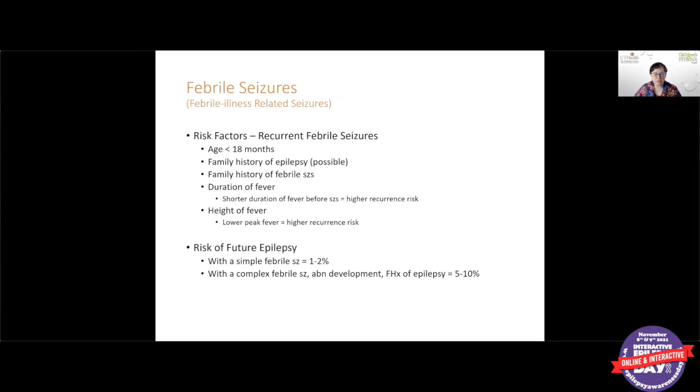And so in terms of what that means later in life for that child, there's a risk of future epilepsy when you've just had simple febrile seizures of 1 to 2%. And if you have a more complex picture with the febrile seizure and abnormal neurological development, or a family history of epilepsy, it can increase to a 5 to 10% risk of having seizures later in life, in epilepsy.